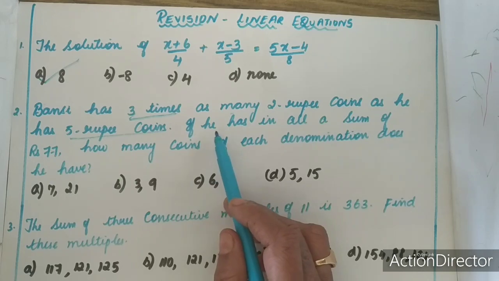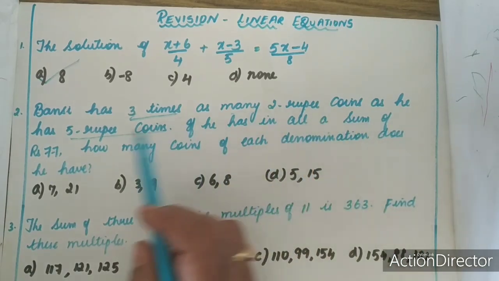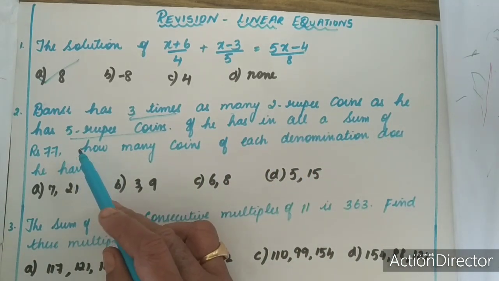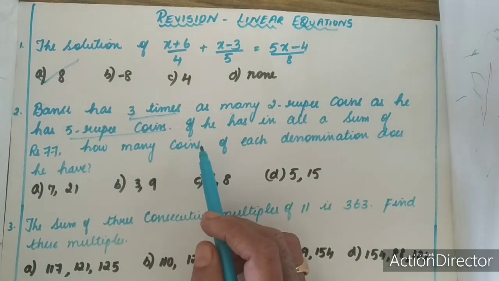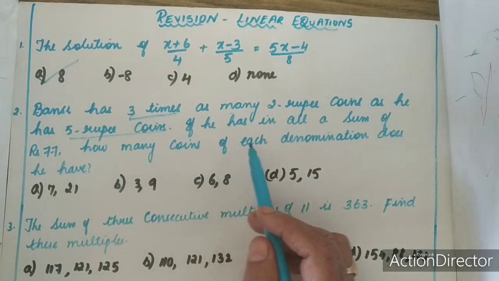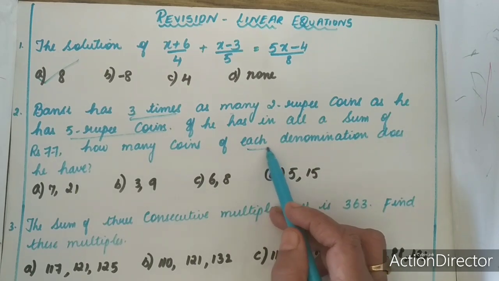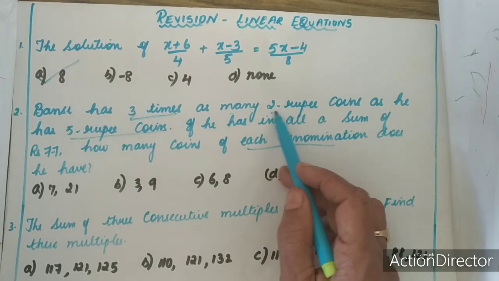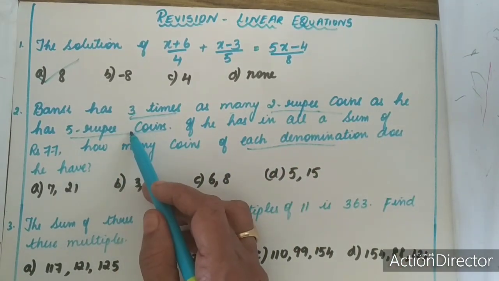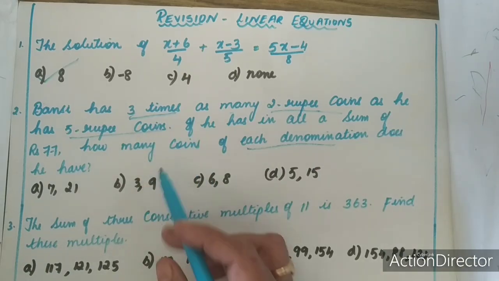And also it is given that he has a sum of rupees 77. You have to find the number of coins of each denomination, that is the number of 2 rupee coins and the number of 5 rupee coins. So let us proceed now.